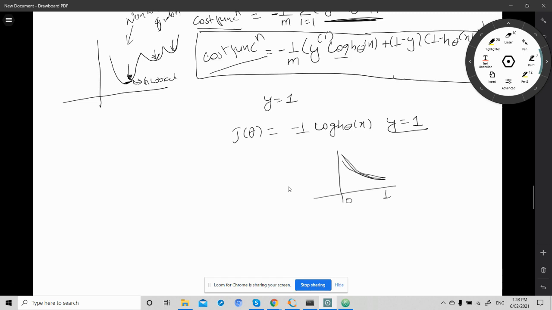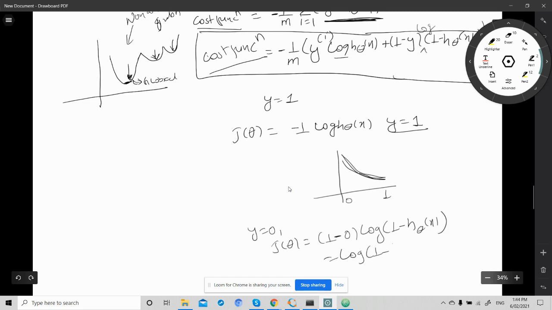If suppose y is 0, then J of theta will be the term with log of 1 minus h theta of x.